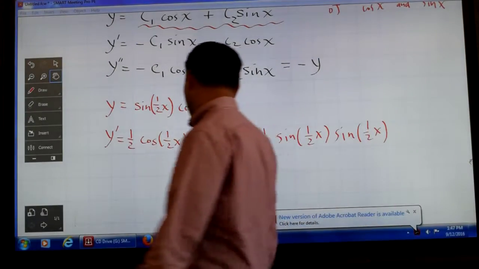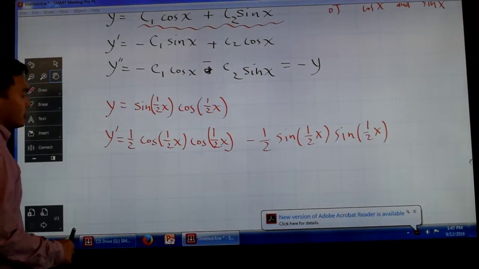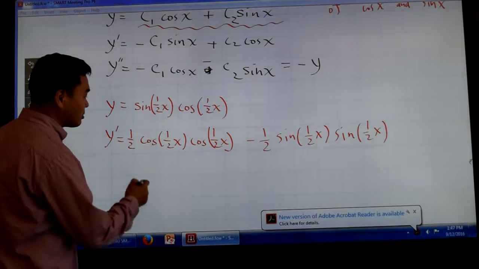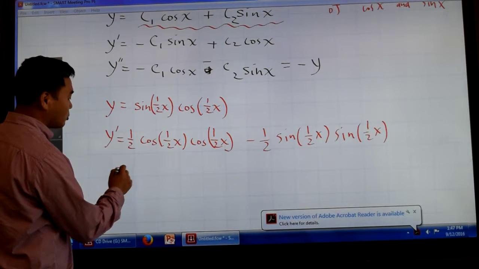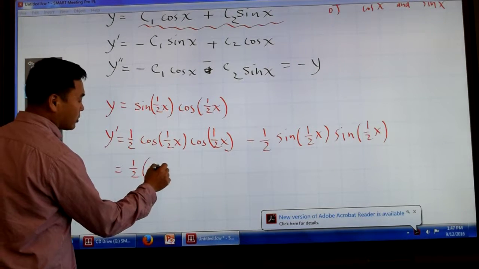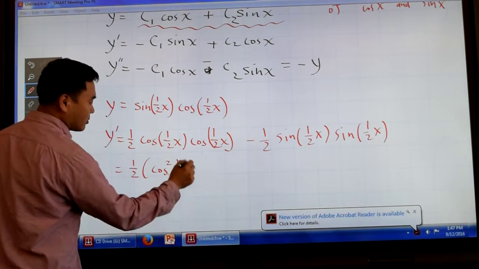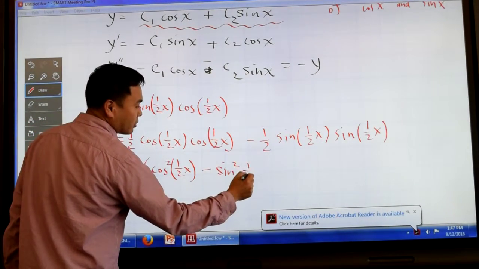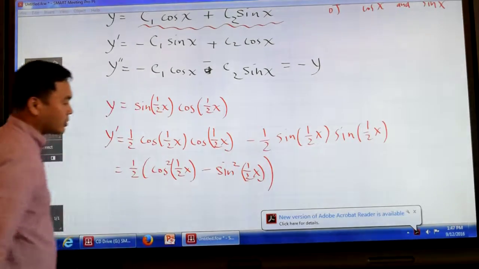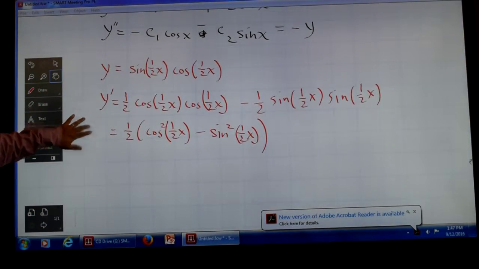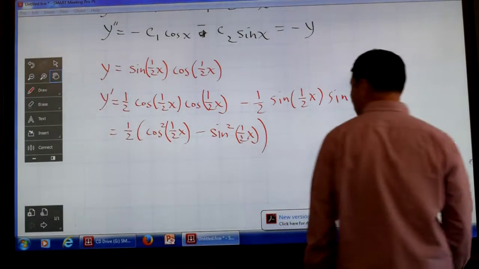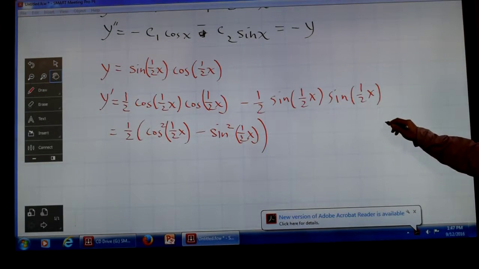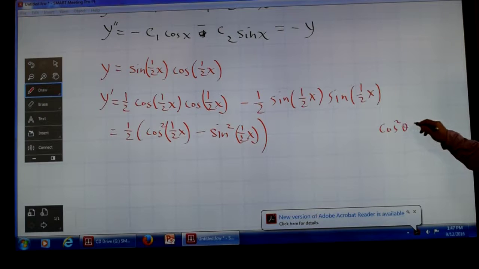Now let's differentiate this one more time. Actually, before we do that, let's simplify this a little bit. This is 1/2 cosine squared of 1/2 x minus sine squared of 1/2 x, right? And I also know that cosine squared of theta is 1 minus sine squared of theta. Looks familiar, right?